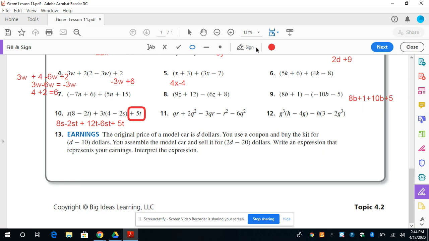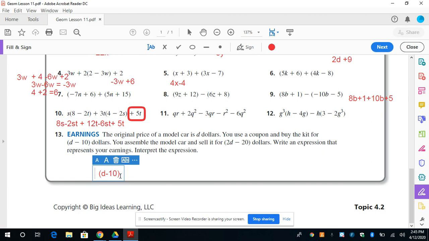So they're just saying write an expression that represents your earnings, and interpret it. So if you're buying the kit and you're spending the D minus 10, then the D is the original price. So the original price is being subtracted by $10. That's your discount.